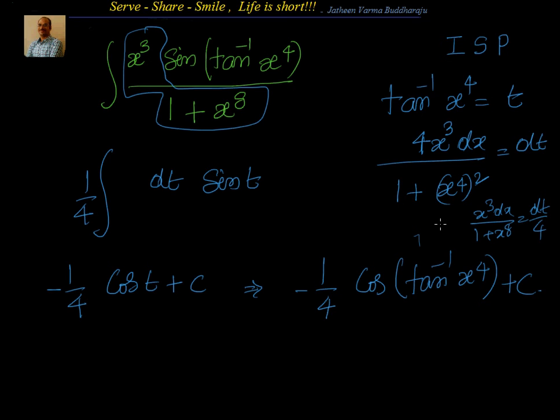So in the last session and this session we have seen how to solve indefinite integrals by using the method of substitution. In the next session we will see how to use trigonometric identities to solve integral problems. Remember that as of now, if you look at all these problems, the only integrals we know are the integral of x power n, the integrals of sin x, cos x, secant square x, cosecant square x, and the integral of 1 by x is log x.